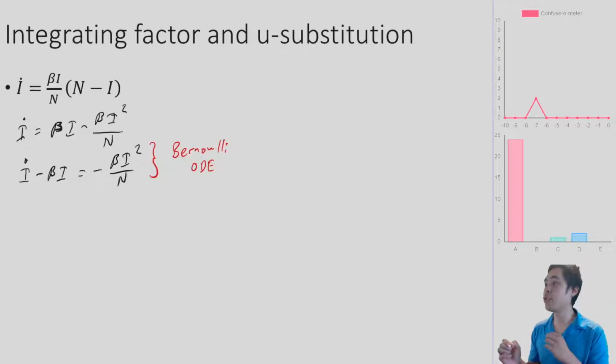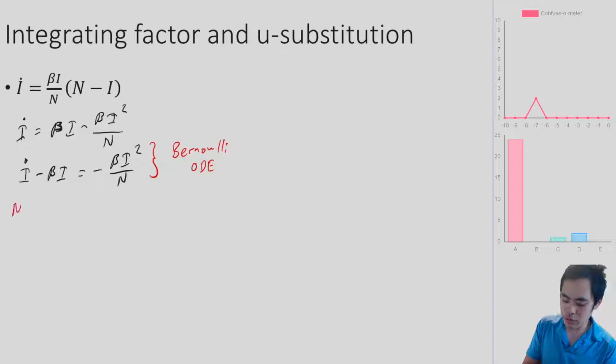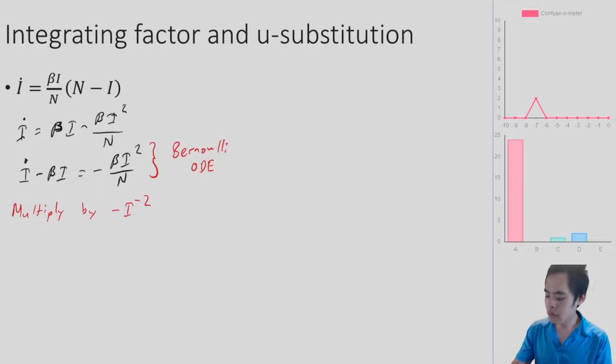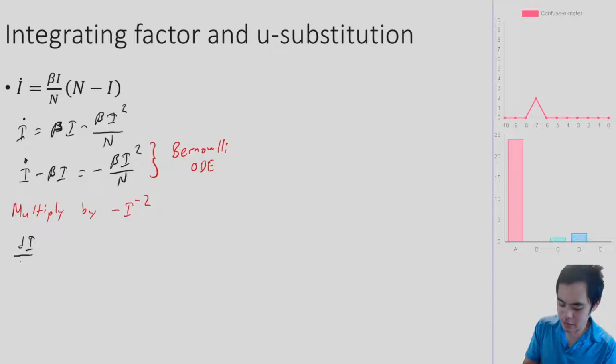And if you go back to our notes and how we solve the Bernoulli ODEs, what you can do is you can multiply by minus I to the minus 2. And then we're left with, let me call this, dI dt times minus 1 over I squared plus beta over I is equal to beta over n.